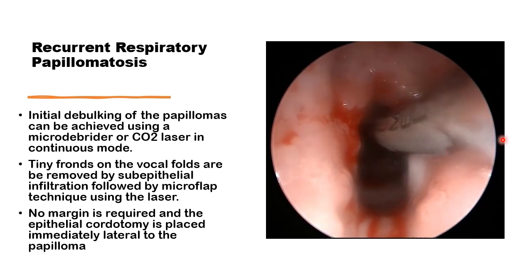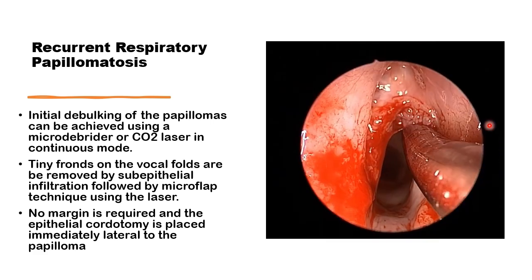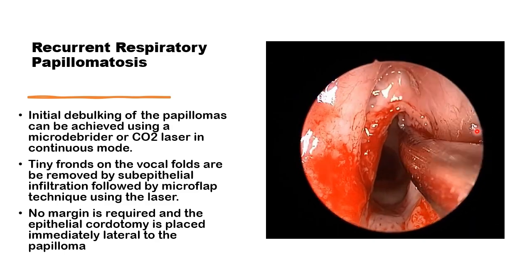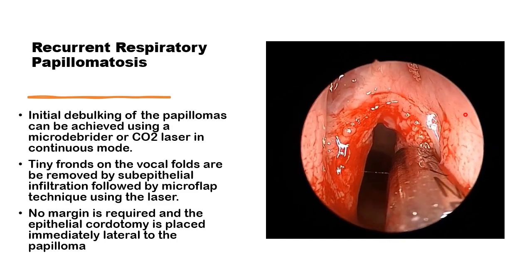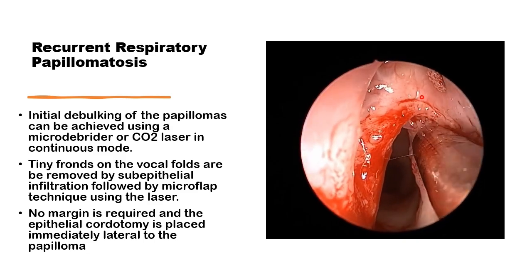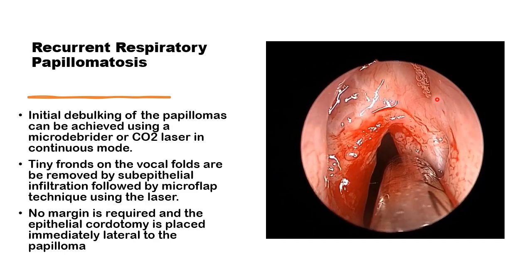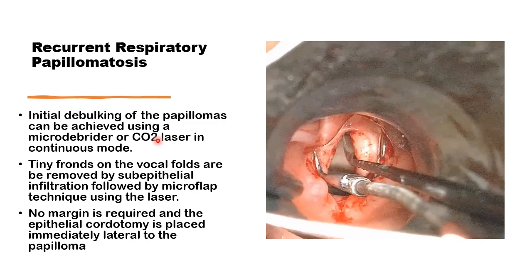So the initial part of the surgery would be a debulking of the papilloma, removing all the bits that can be sucked out and leaving the very small areas over the edges of the vocal fold or the anterior commissure that would require more precise cutting. For these areas, you may be using a carbon dioxide laser at a later stage.